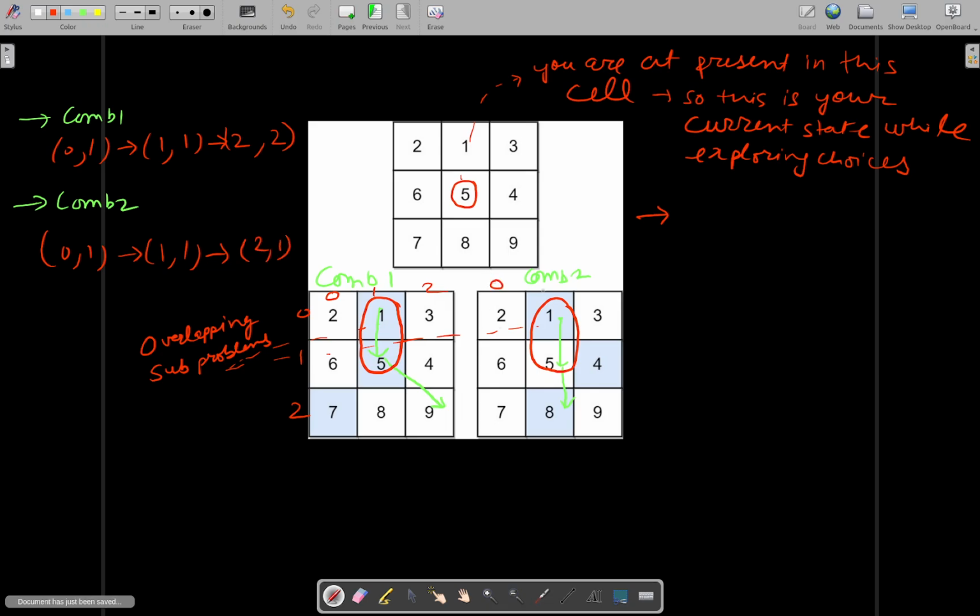Okay, this is 2 colon 1. So you are ending up here. So as you can see, this segment or subproblems are overlapping in the two combinations we are choosing. So we will be doing extra work here to calculate the result for the same overlapping subproblems again and again.